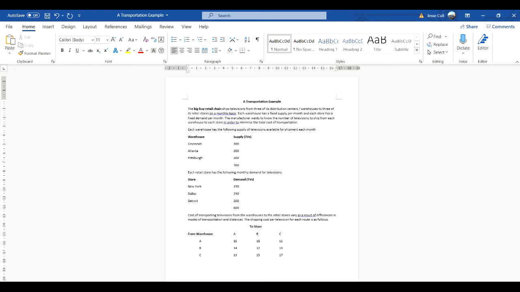The manufacturer wants to know the number of televisions to ship from each warehouse to each store in order to minimize the total cost of transportation. Here's our first critical phrase. How many televisions do we ship from each warehouse to each store in order to minimize the total cost of transportation?